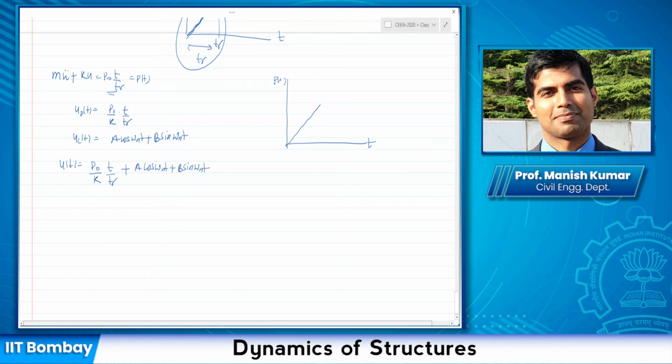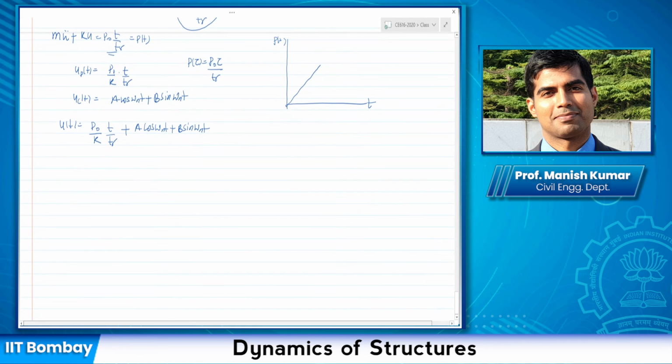Remember, you can use the Duhamel integral for that as well by assuming p of tau would be p naught of tau by tr, and integrate it from 0 to t to find the value of u(t). Or you can use this method, whatever is convenient to you.